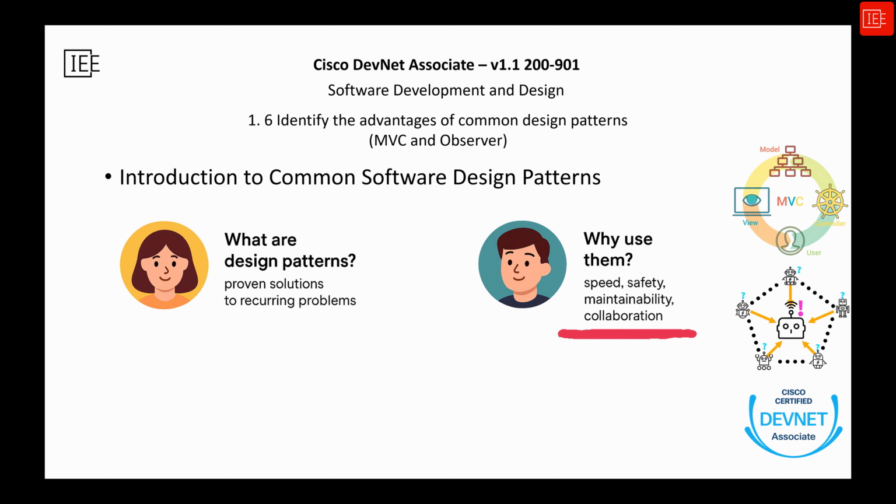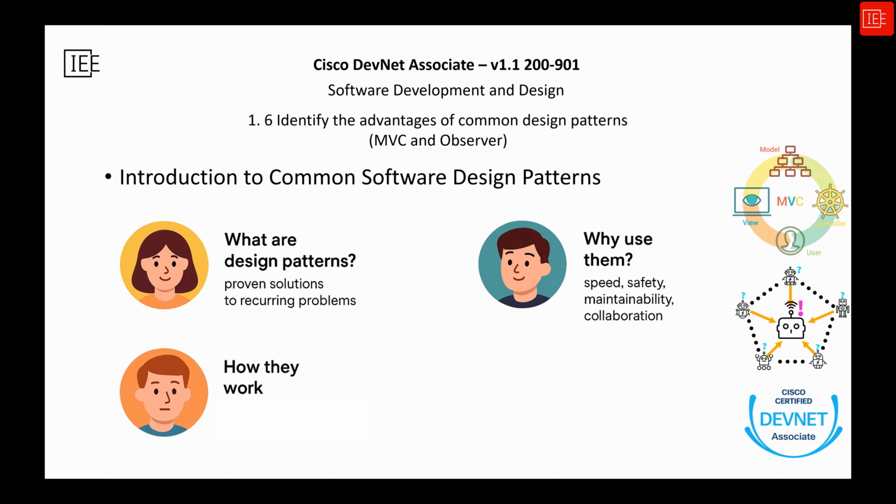So using design patterns also reduces bugs because the solutions have already been refined over years of practice. On top of that, patterns make it easier to scale and maintain projects. So as systems grow in complexity, structured approaches like design patterns help ensure that the application remains organized, flexible, and adaptable to new requirements as well.